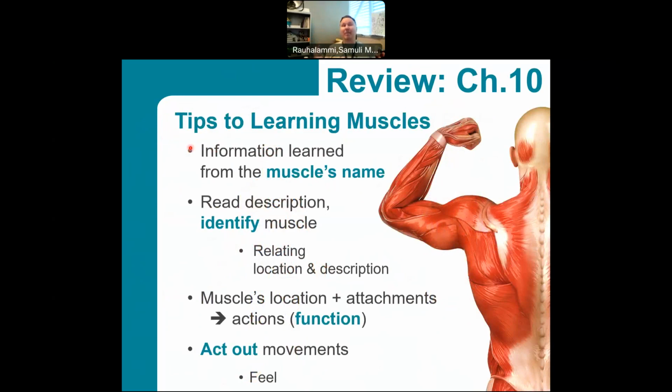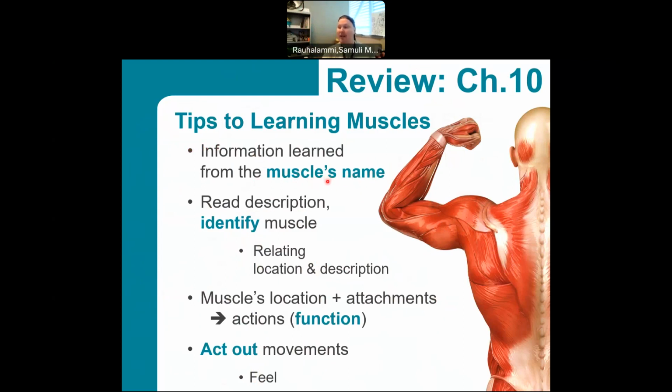It can explain many different things: the start and end parts of the muscle, where it attaches, what kind of movement the muscle does, what shape it is, what appearance it has, and so on. But pay attention to the muscle's name. I'll expand on that in the coming slides.